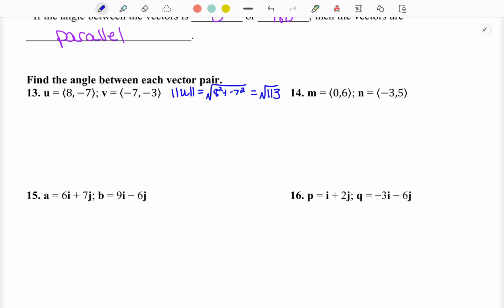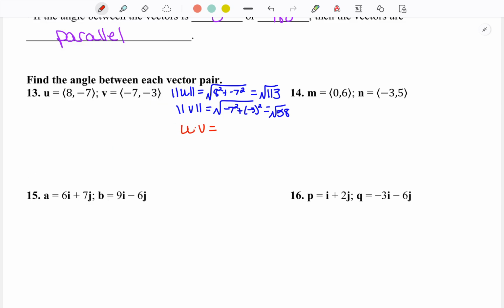And then for v, that is the square root of -7 squared plus -3 squared. And that is going to give you the square root of 58. So now we're going to go ahead and find the dot product between u and v.